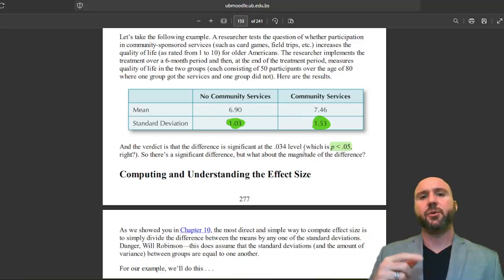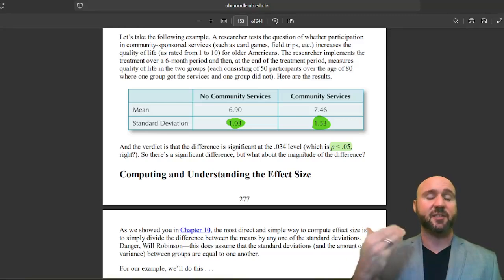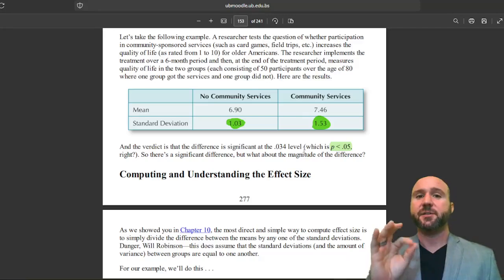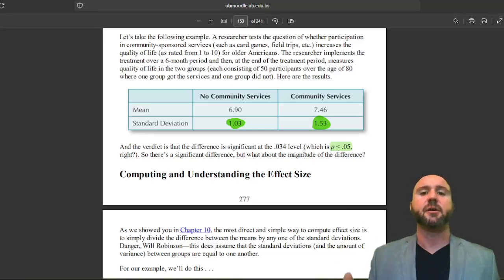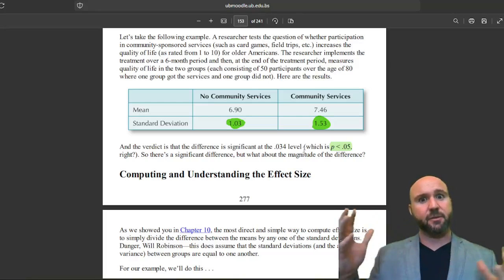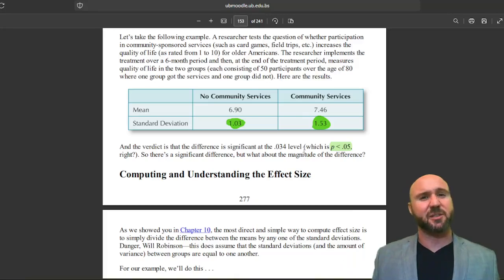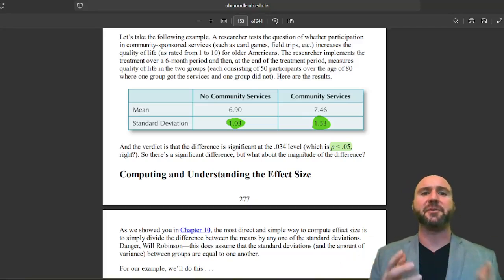Now, let's say that you did a t-test of independent samples and you found that there's a statistically significant difference. Since you've taken this course, you know that that's not enough. You know that there is a difference, but now you need to know whether or not the difference is sizable, whether the magnitude is such that there's not just something statistically significant, but something remarkably different about these two groups.